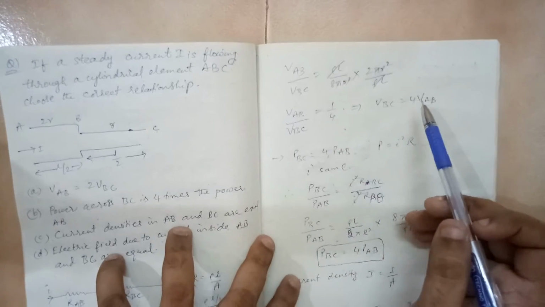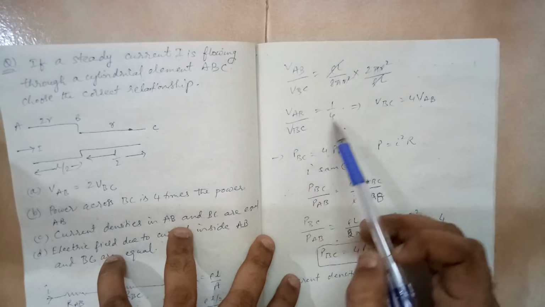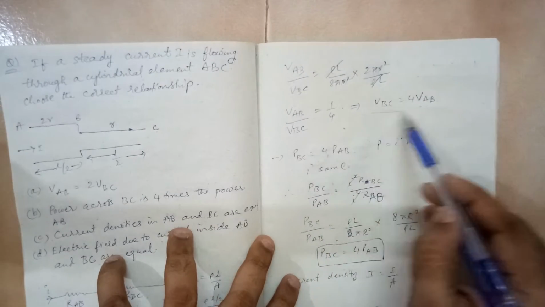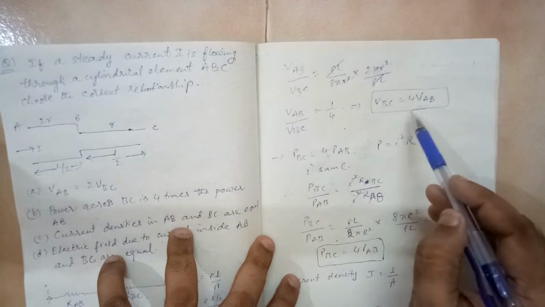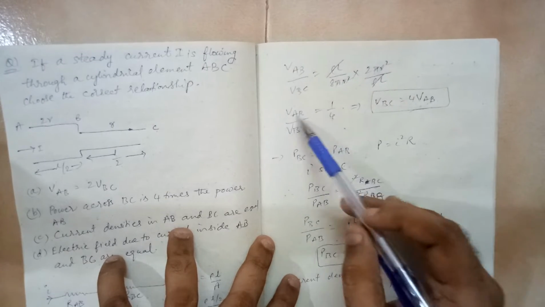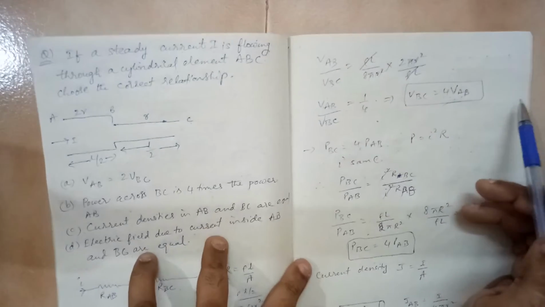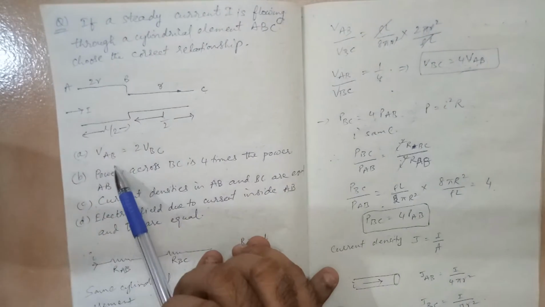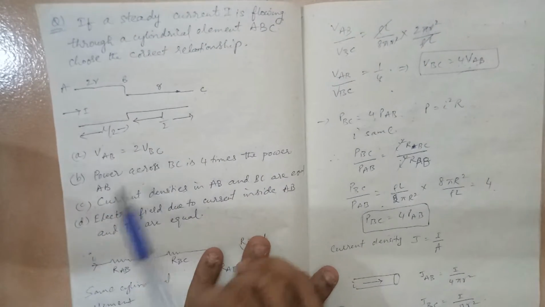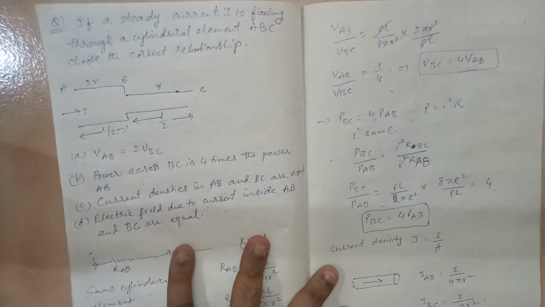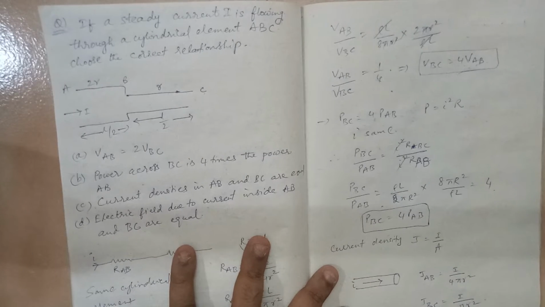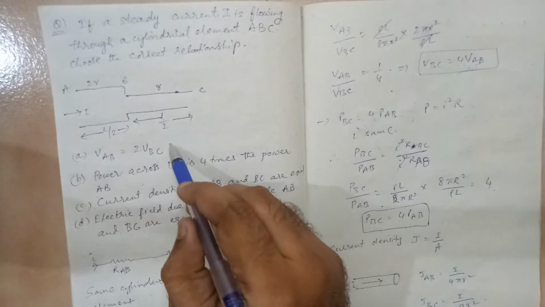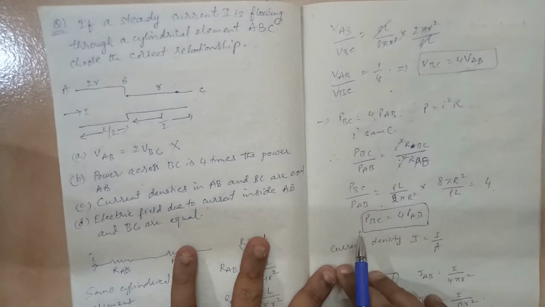So VAB by VBC is equal to 1 by 4, or VBC is equal to 4 times VAB. But in the option it is given in reverse, VAB is equal to 2VBC, and we are getting something else. So this option is not correct.